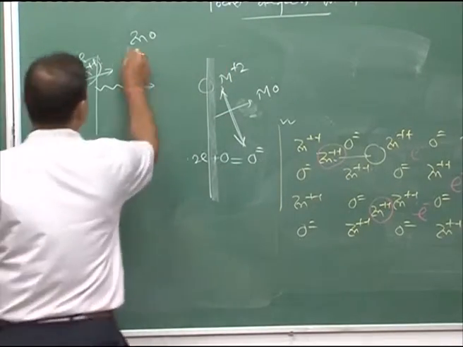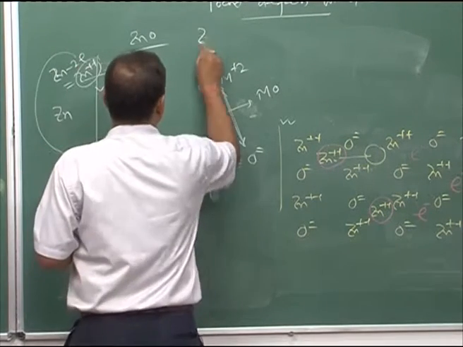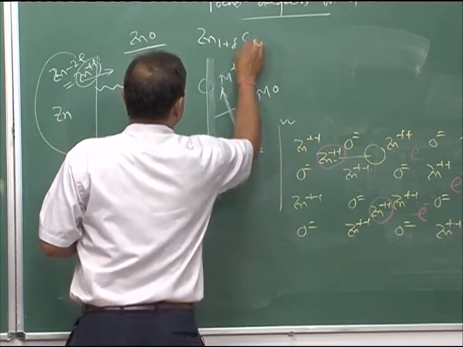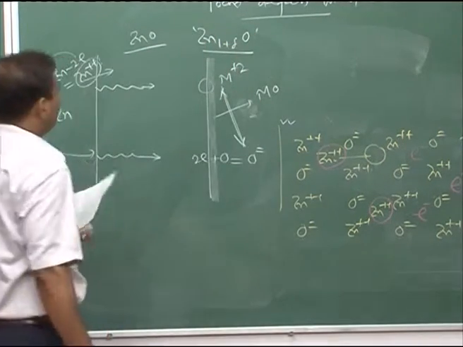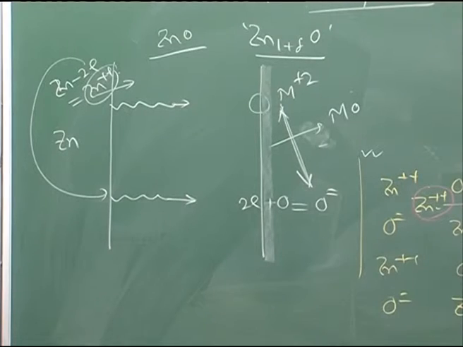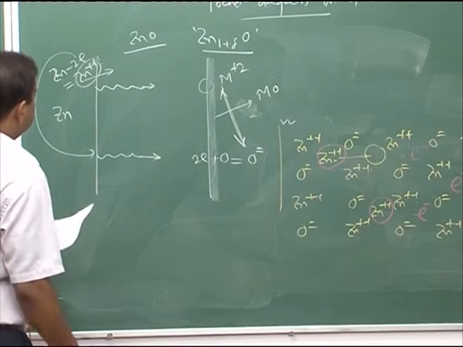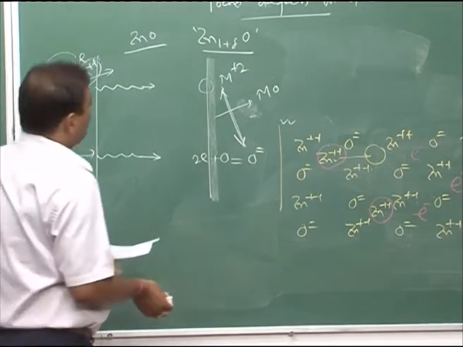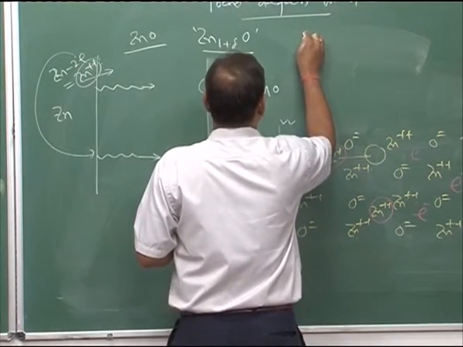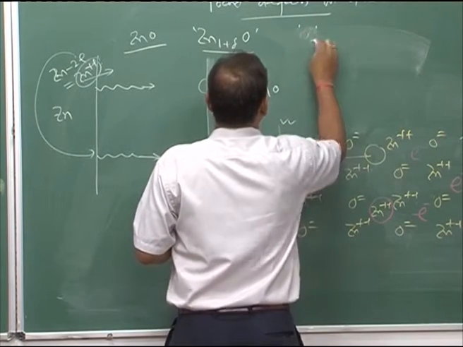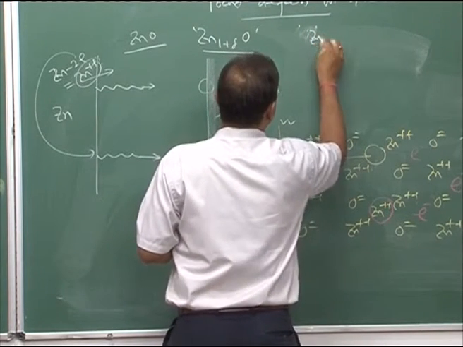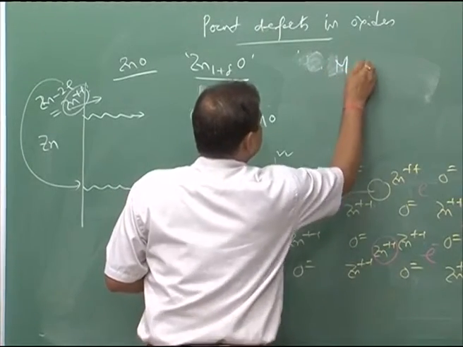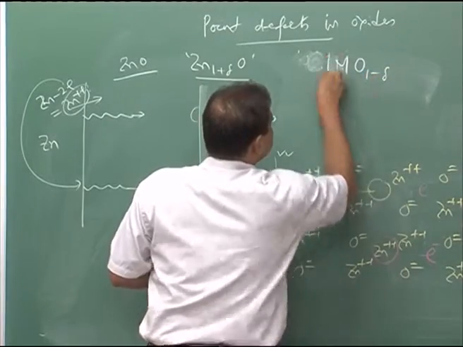So, this is in case of oxide with excess cation or N type oxide. Now, there could also be a possibility of N type oxide with oxygen deficiency. So, it could be, let us say, metal O1 minus delta.